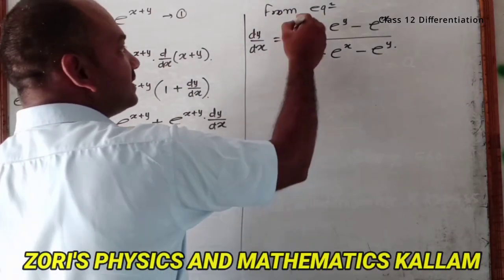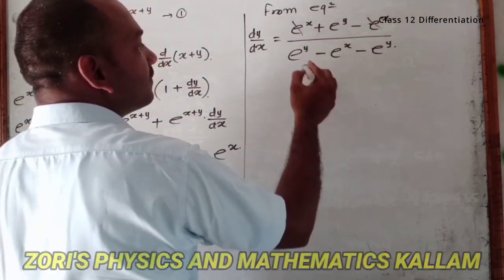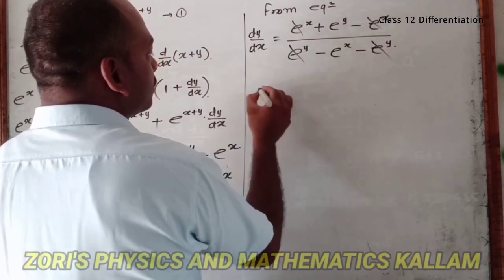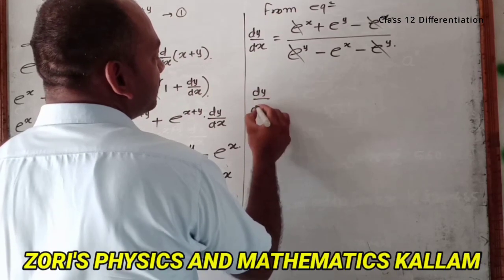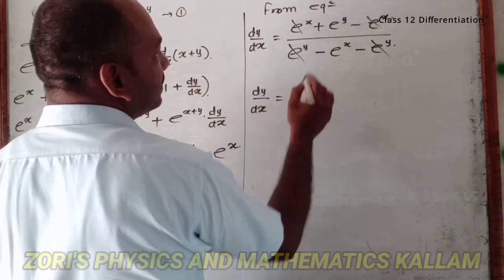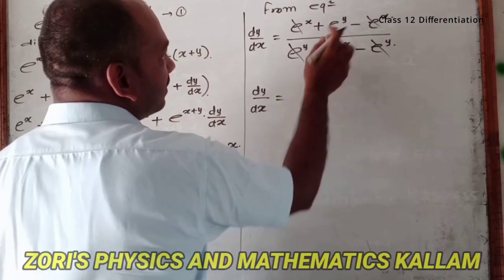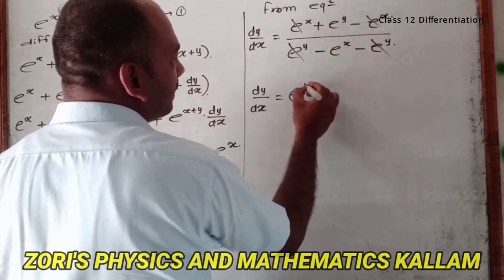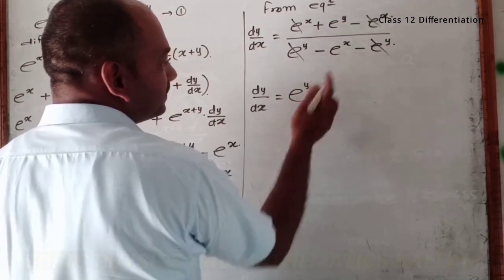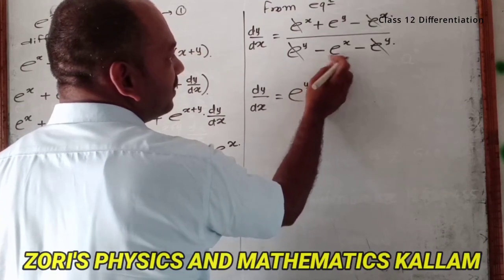So cancel these terms here, this with this and this with this. So we have dy upon dx is equal to, remember here remains with only e to the power y in the numerator and in the denominator minus e to the power x.